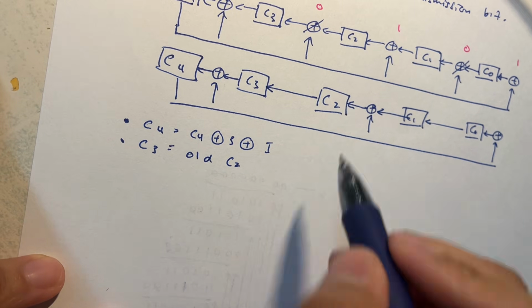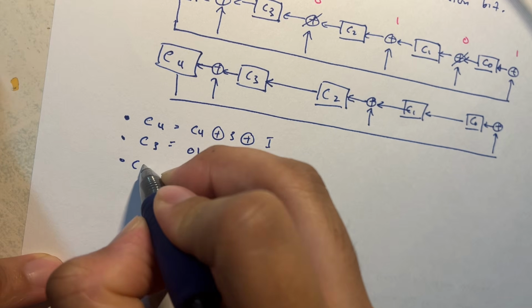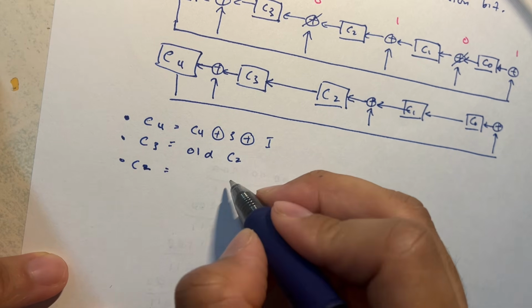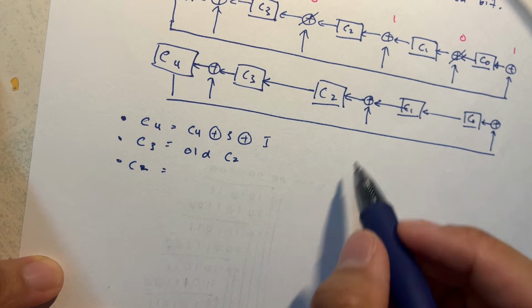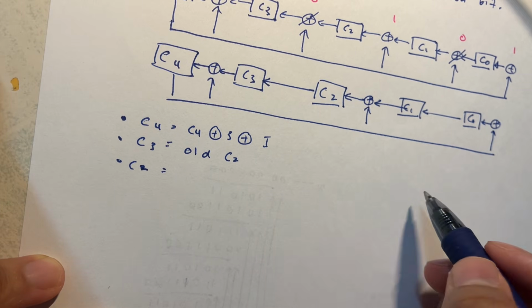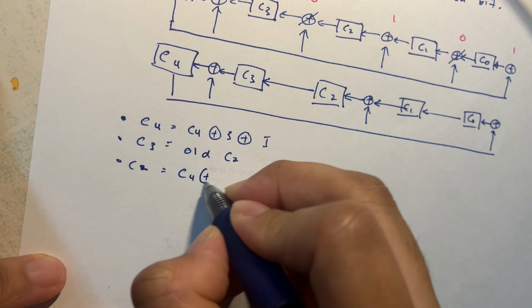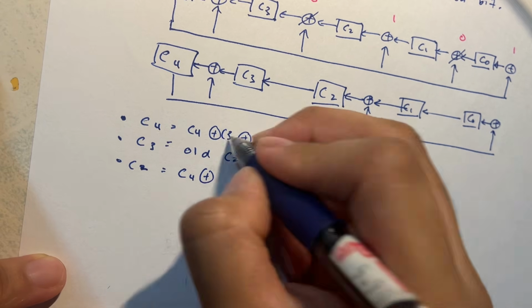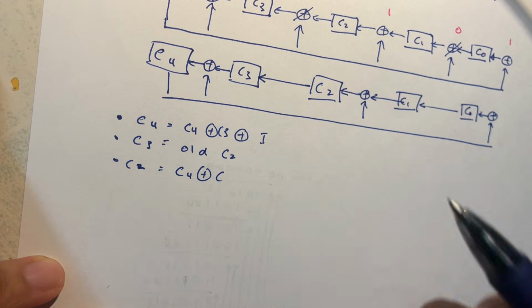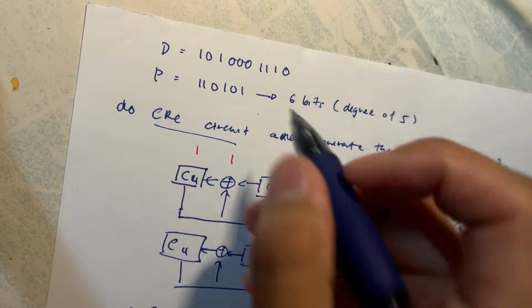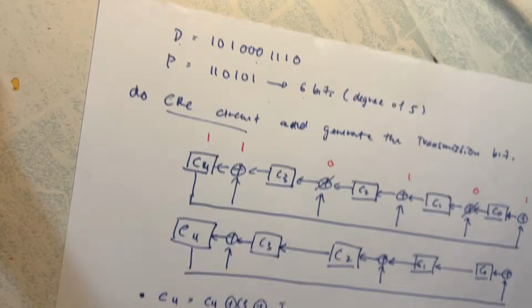You take the value from C2. And then C2 is basically C4 XORed with C1 XORed with the initial value. The initial value will be given to us, which is the data.